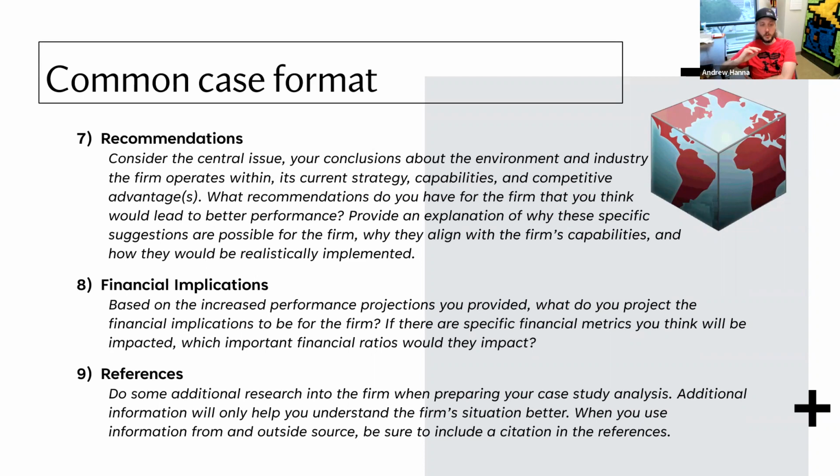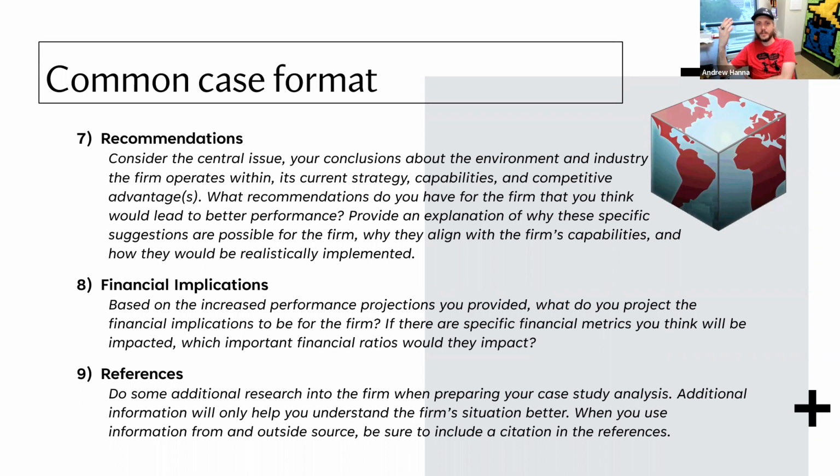And you'll do financial implications. You'll tell me a little bit about how your recommendations materialize into better financial performance for the organization and in what ways. I don't need you to be spot on. I don't need it to be perfect. I don't need you to have super nuanced specifics for me.